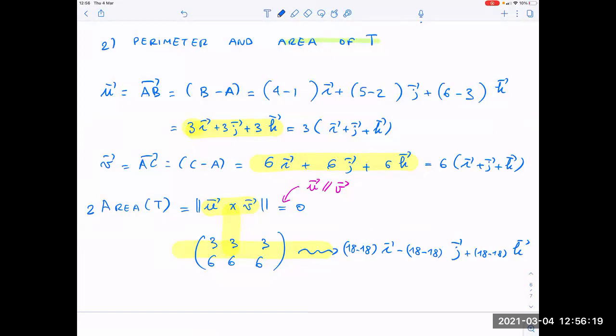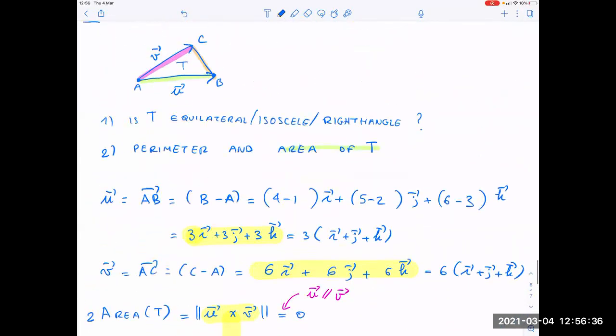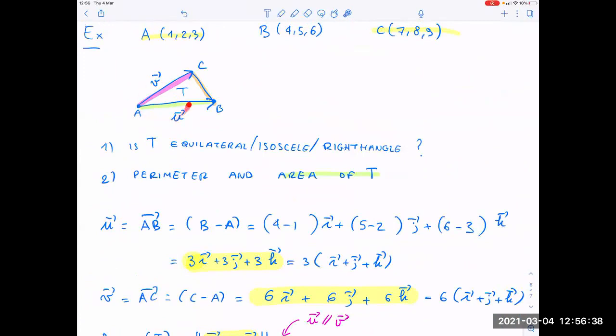So it is a degenerate triangle. What happens is that these two sides are not like in the picture, they are parallel.